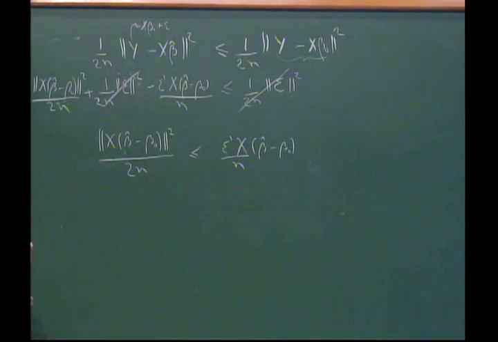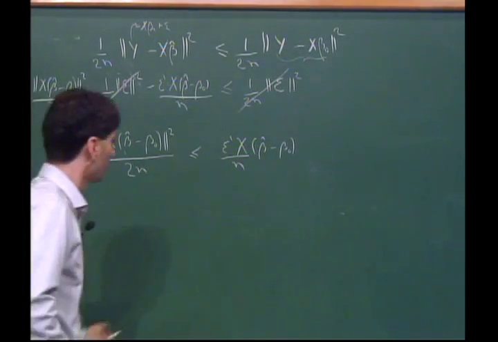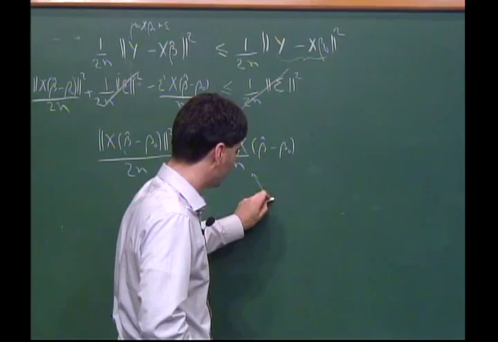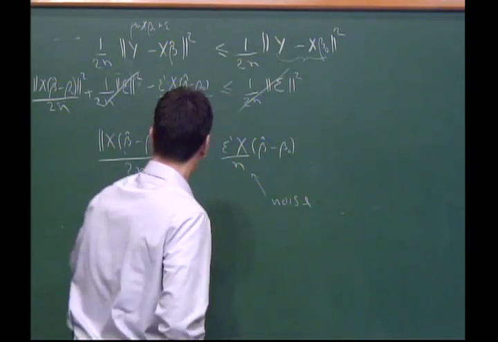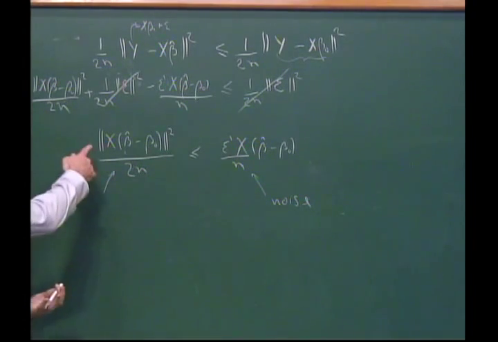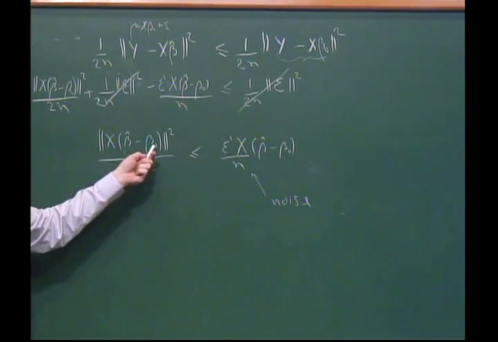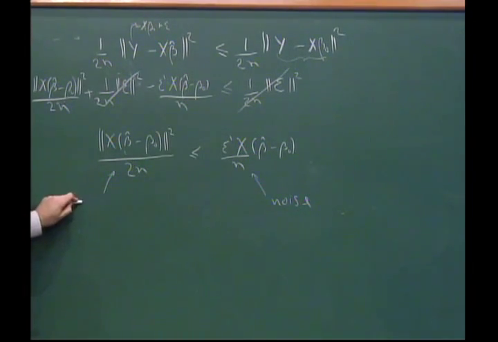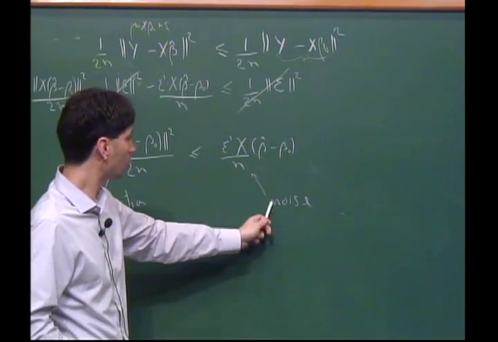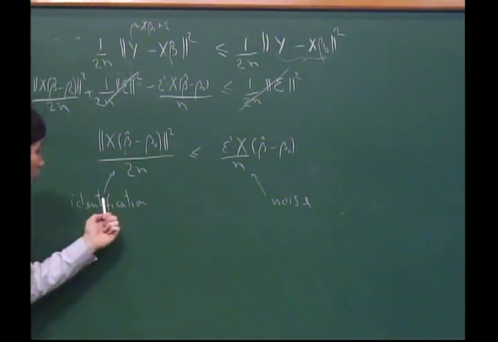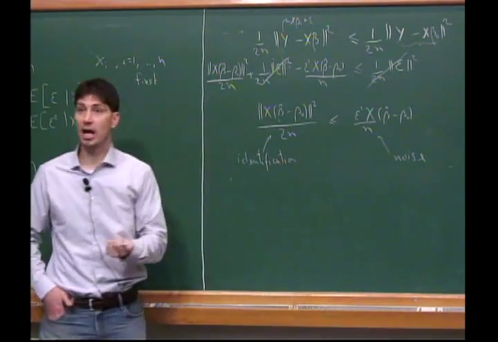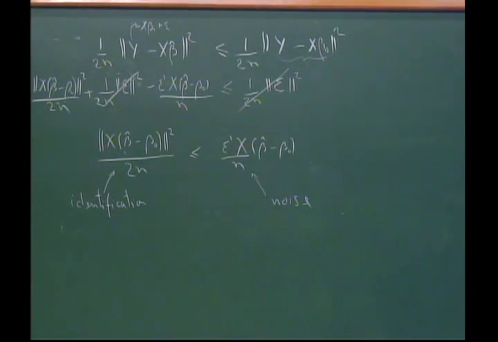So there are these two fundamental issues. One is essentially a measure of the noise of the problem, and the other is that my matrix X needs to be somewhat well-behaved so I can tell apart other vectors from beta naught. And that's what they call identification conditions. So one is to allow us to handle the noise. The other one is nice properties of the X matrix that allow us to recover beta naught.